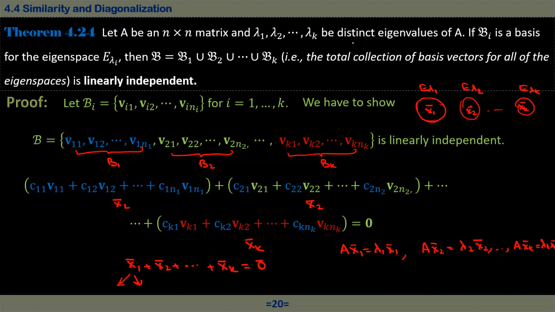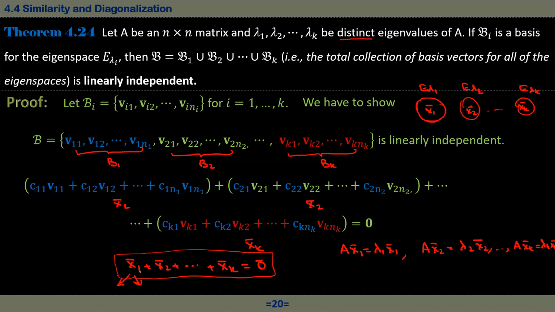And here in the theorem, they are saying that the lambdas are distinct. We have just studied the theorem that if these lambdas are distinct, then x1, x2, up to xk must be linearly independent, right? Actually, this relationship shows a linear dependence relationship.